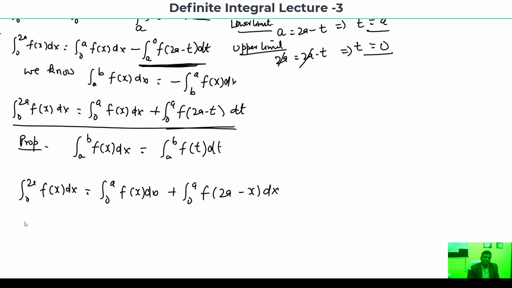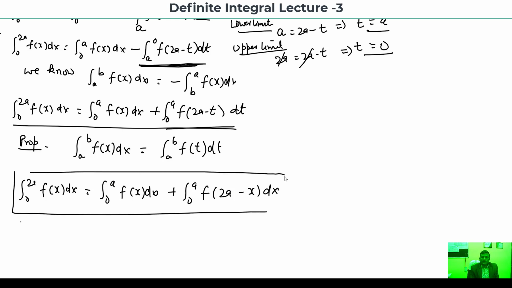This is your equation 1. Now let f(2a minus x) equal f(x).